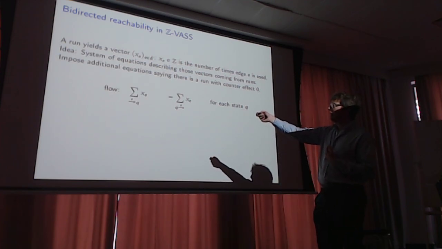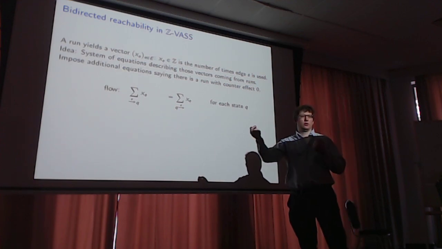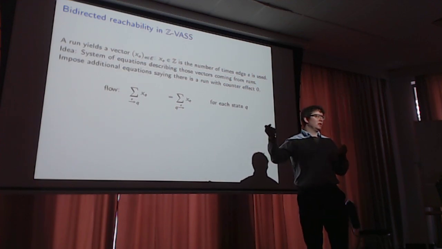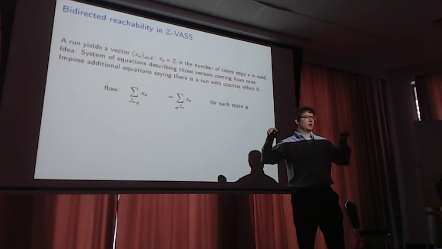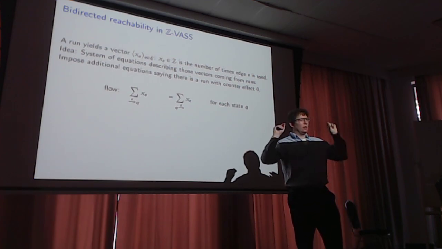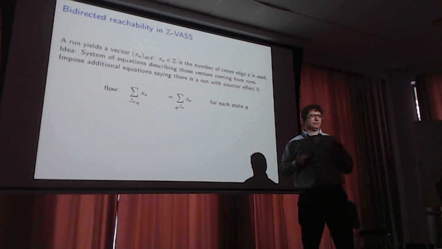And so if we can write down a set of equations so that every solution corresponds to a run, then we're done. We can solve reachability, because then you can impose additional restrictions that say, I reached exactly the configuration that I want.